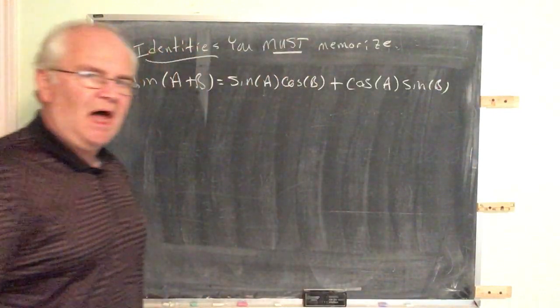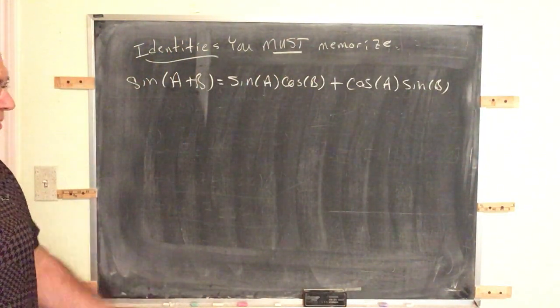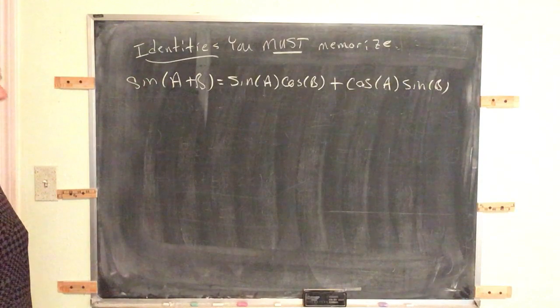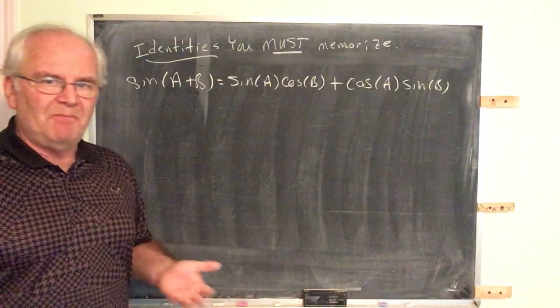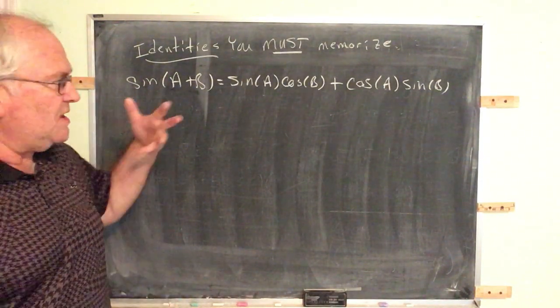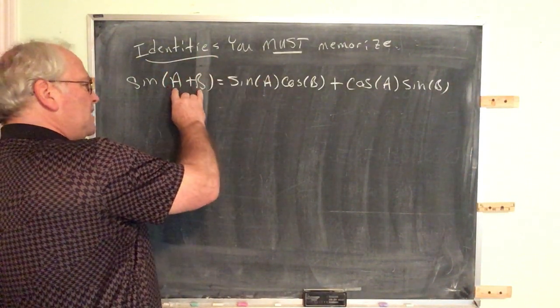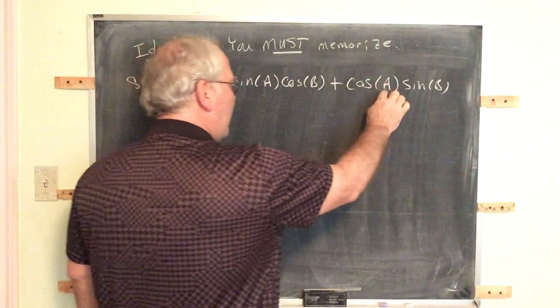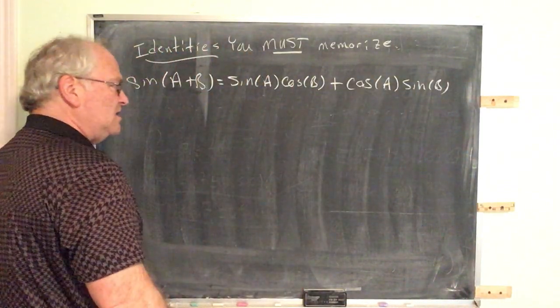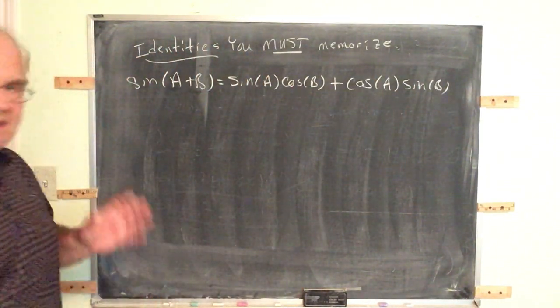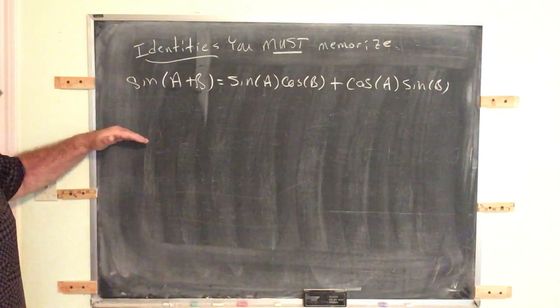Now that seems like a lot. When I was a student, my memory device was sine, cosine, cosine, sine. Not much of a memory device because it's just it. Notice that one thing you can rely on is that in A plus B, it's A, then B, A, then B. That will help to memorize this. We're going to have another one involving cosine.